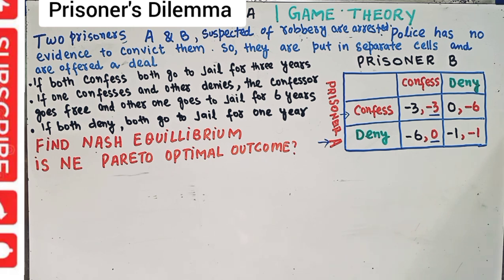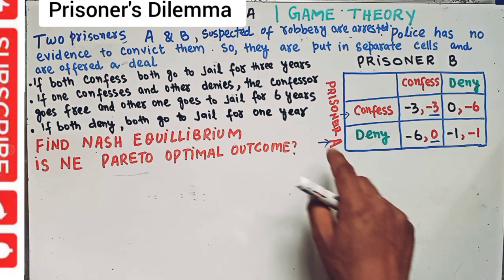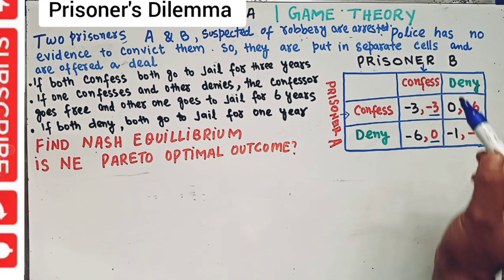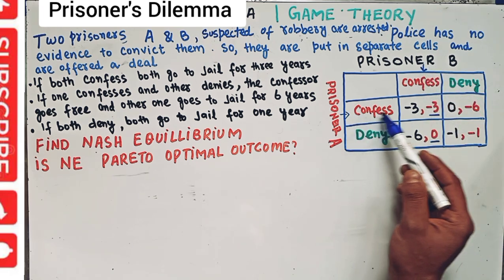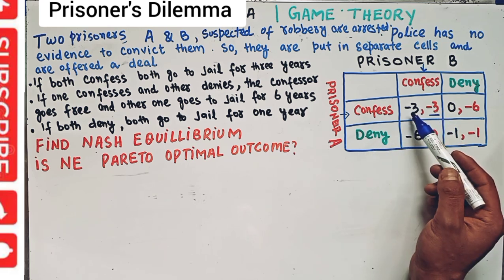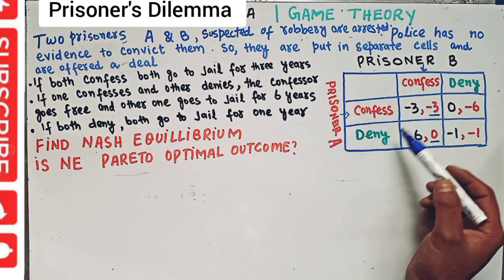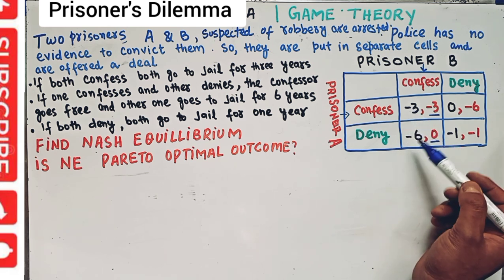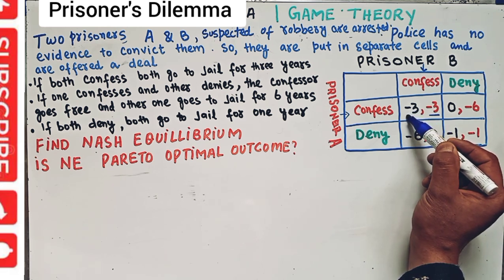Let us see this scenario from prisoner B's side. When prisoner B confesses, again prisoner A has two options, either to confess or deny. Confess gives him -3 and deny gives him -6. Since -3 is greater than -6, he will choose -3.